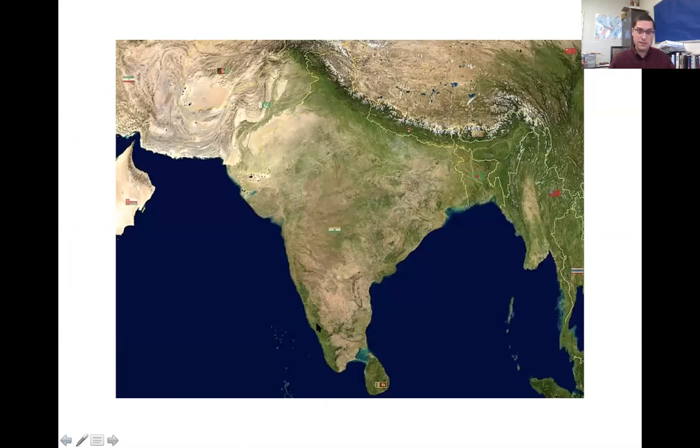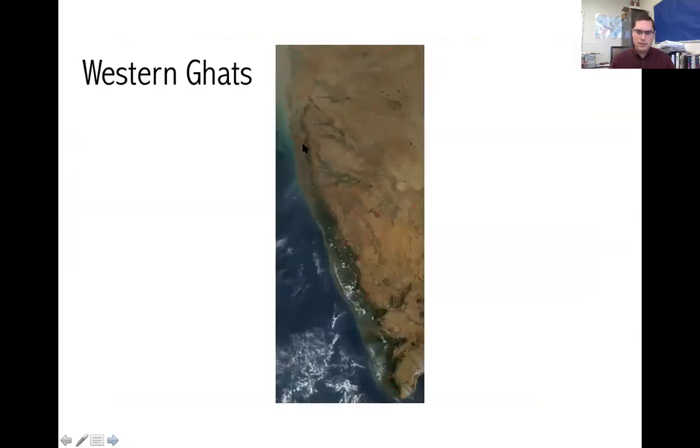There are the Ghats, the western Ghats, the eastern Ghats, forming the western and eastern borders of the triangle-shaped Deccan Plateau. And you can see here that rugged chain of mountains and hills. And notice how it's nice and green here along the coast, and then it's not quite as green once you get on the other side of those mountains.